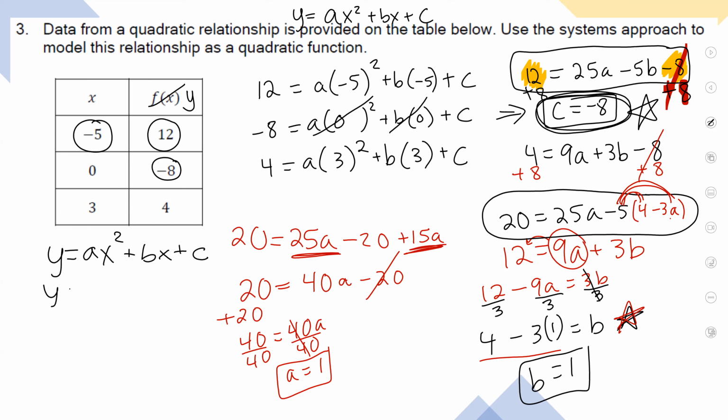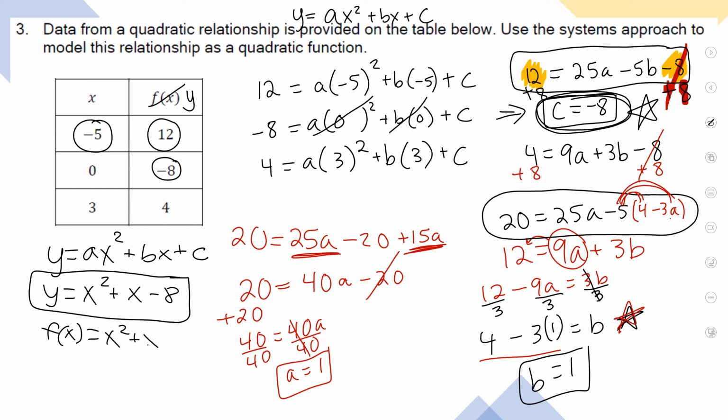So the A value was 1, so it's just x squared. My B value was 1, so it's just x. And my C value was negative 8, so minus 8. This is your quadratic function. Oh, if it's a function, you need f of x. Either or, these are both right. All right, so that's how you do the one with the table.